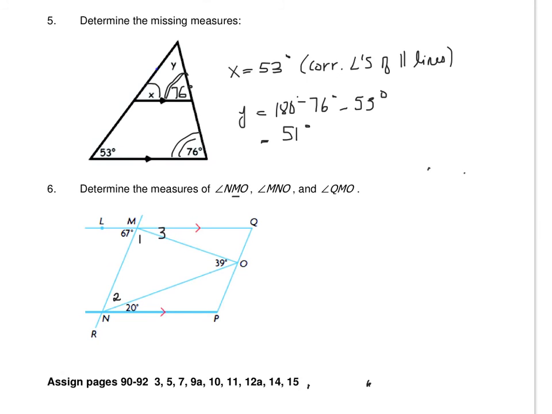So we've got some parallel lines. And I'm just saying this is an alternate interior angle with these two together. So I know that angle 2 plus 20 degrees has to equal 67 degrees, because they should be alternate interior angles.